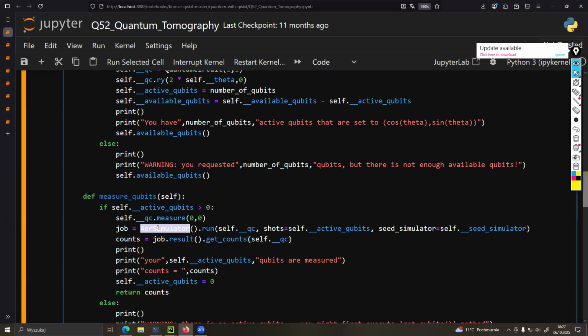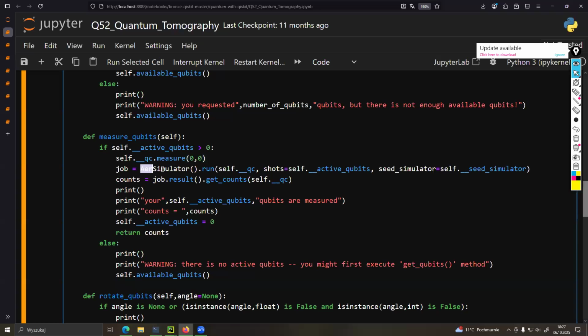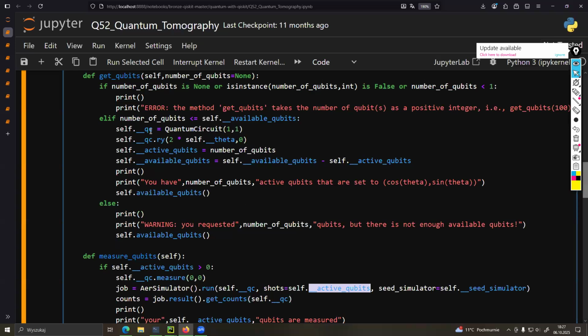So we could do this, and now what do we have? Our regular simulator, we've run this. This is a circuit that gets constructed during the experiment. And now we have shots, which are our active qubits. To make these active qubits, we need to invoke get qubits first, since get qubits sets the amount of experiments that we will prepare.